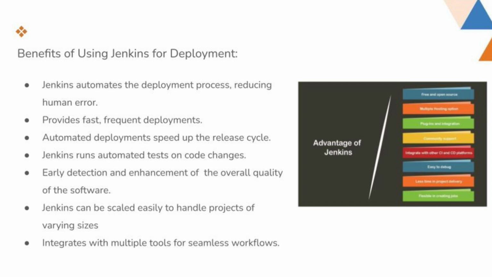There are some benefits of using Jenkins for deployment. First of all is automated deployments. Jenkins automates the deployment process by reducing the manual errors which occur. This way it ensures consistency across platforms and environments, and also provides fast and frequent deployments.